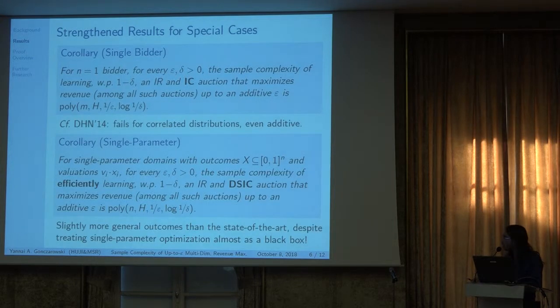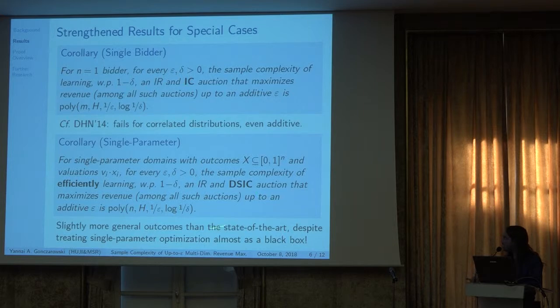And single parameter settings have been very heavily studied in the past few years. Usually the standard model is that the outcome space is what I told you earlier. Each bidder has an indicator that says whether they won or not, and the valuation is simply v_i times their probability of winning or their amount of winning.